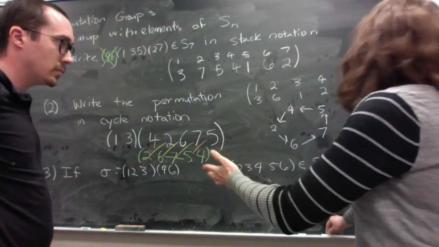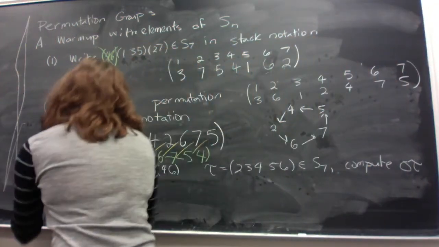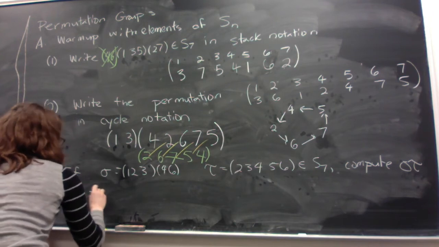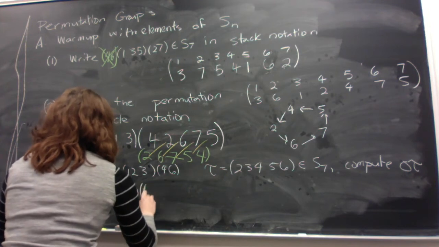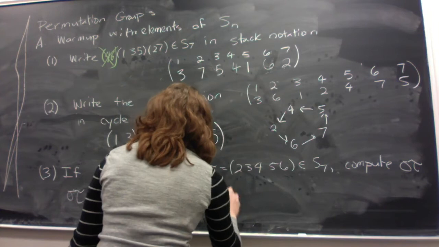If we write out sigma tau, one thing we can do is literally write out sigma tau equals (1 2 3)(4 6)(2 3 4 5 6).